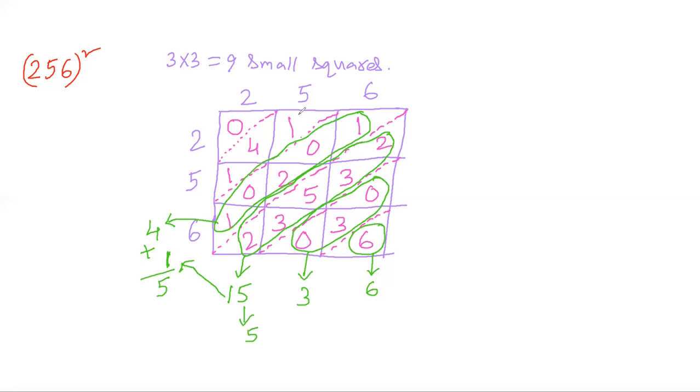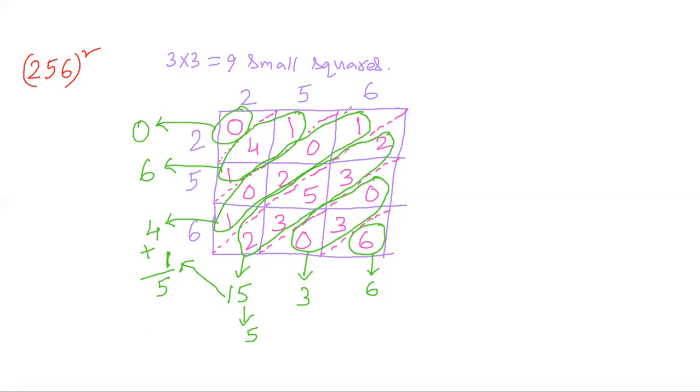Now we have to take this portion. The digits are 1 plus 4, 5, 5 plus 1, 6. Now this is the remaining part. Here only 0 is there, so this will be 0.